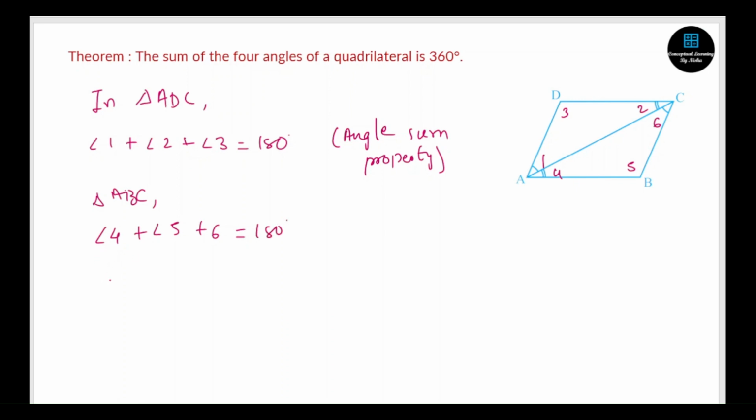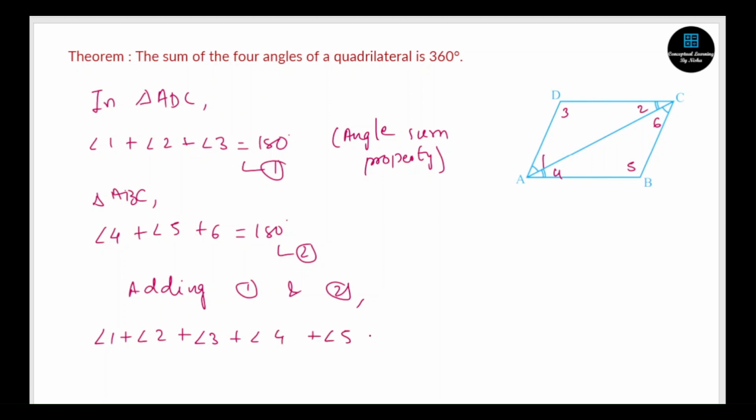Now if I add them, okay, so adding 1 and 2. See, whenever you add, write this in a proper manner so that you can add the left hand side and right hand side to get the desired result. So angle 1 plus angle 2 plus angle 3 plus angle 4, 5 and 6 equals 180 plus 180.